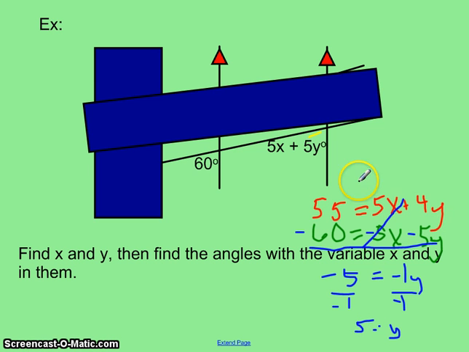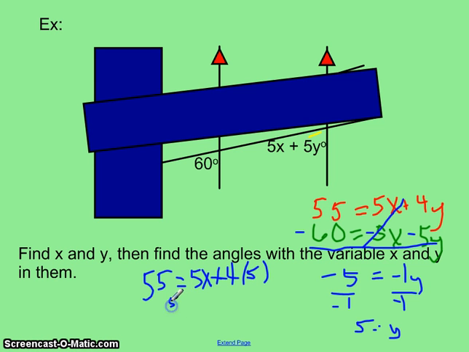Now I'm going to have to choose one of these equations to plug that y value back into to figure out what x is. So I'm just going to take that first top equation there. I'm going to write 55 equals 5x plus 4, and then that's going to be times my y value of 5.